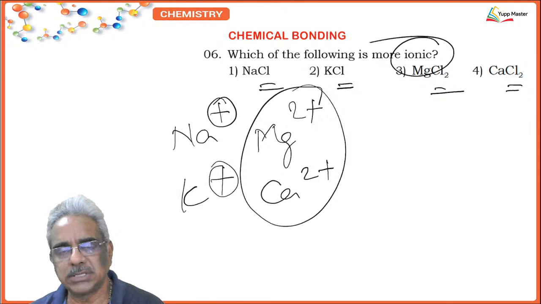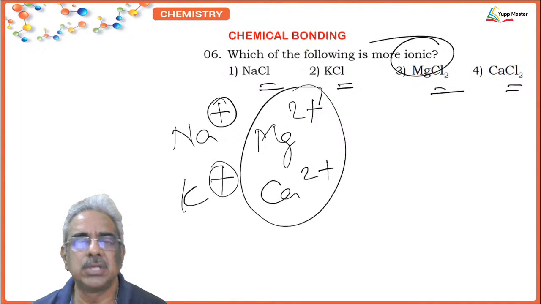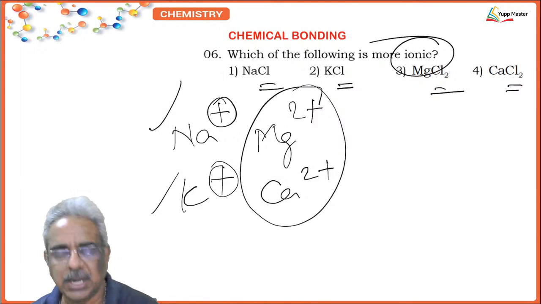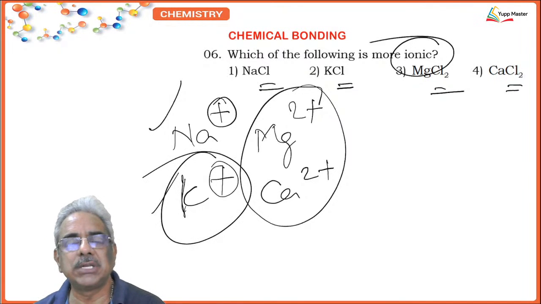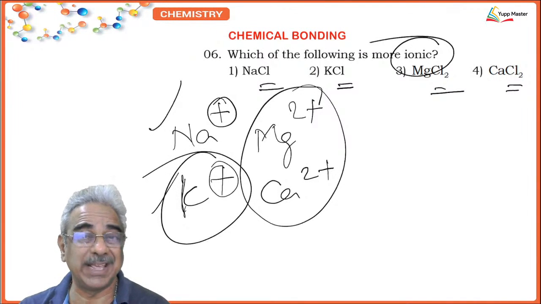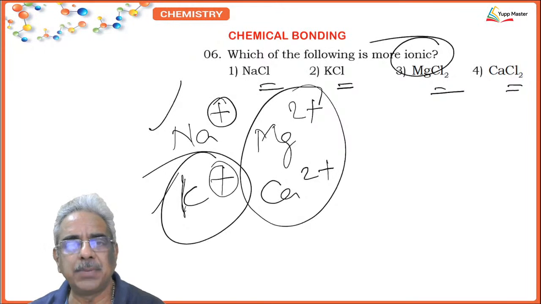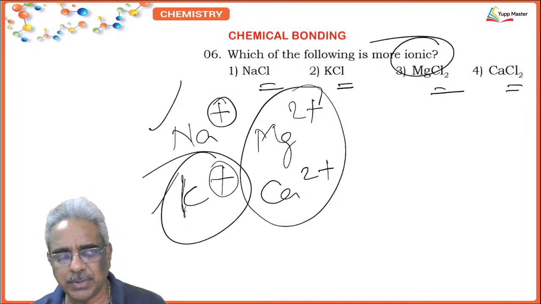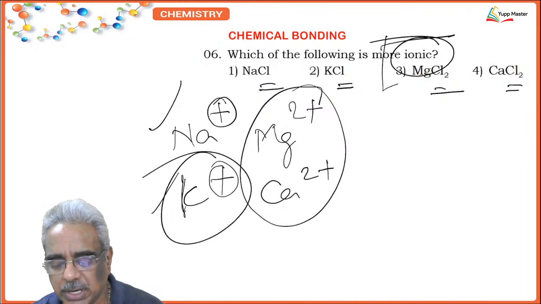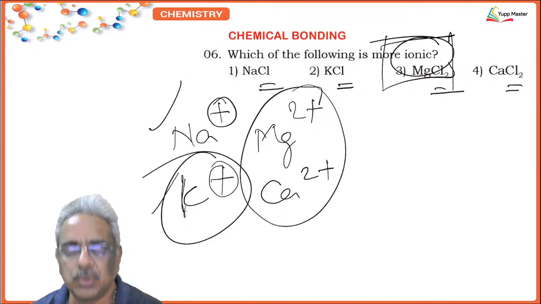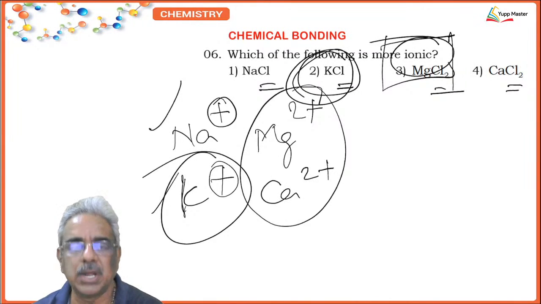First group cations are less polarizing in nature, so they are more towards ionic in nature. Now sodium and potassium are left. In these two, potassium is larger. Large cations cannot polarize well. It should become a habit for all of you. So potassium cannot polarize well, which means we don't want polarization because we want an ionic compound. So potassium chloride is the best ionic compound among the given 4 compounds.